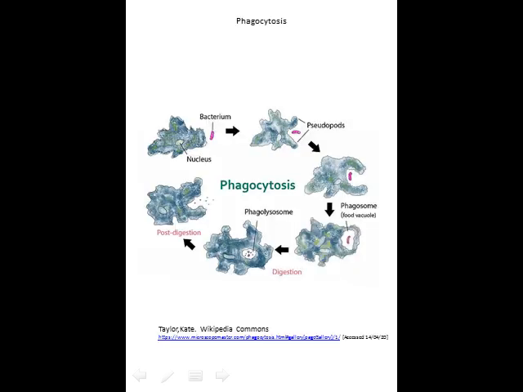But one of the bridges between the two systems are the phagocytic cells that we've talked about several times in the course. And basically, if we look at the way that a typical phagocytic cell works, you can see that the large blue cell just represents an immune cell.